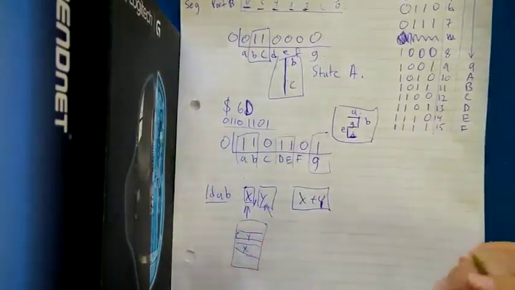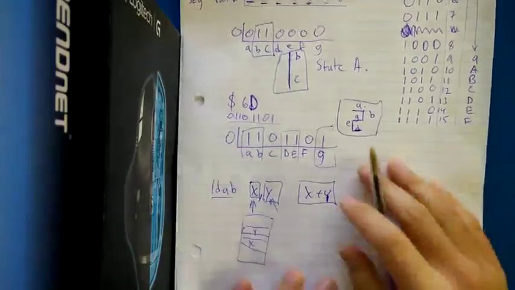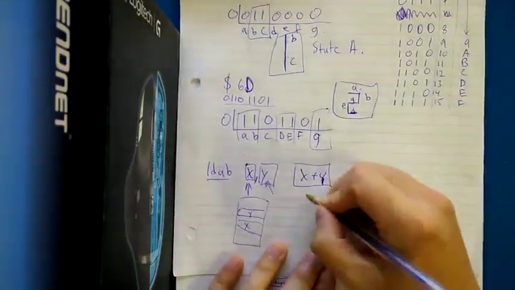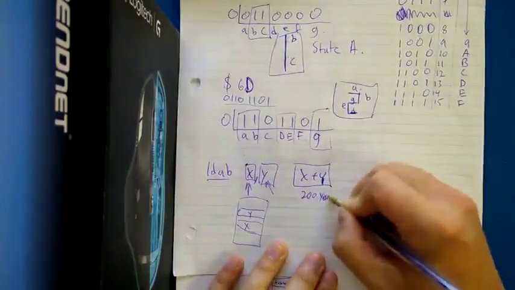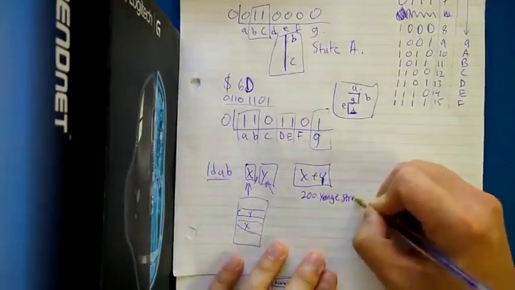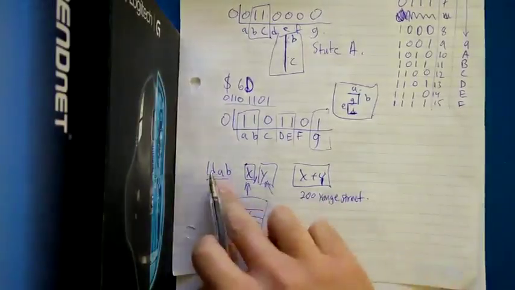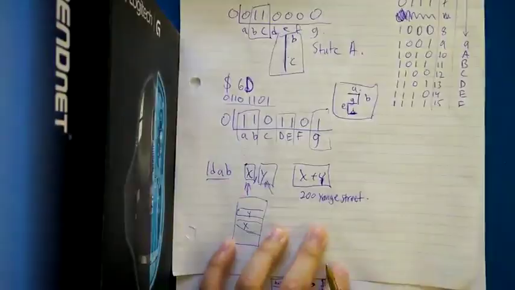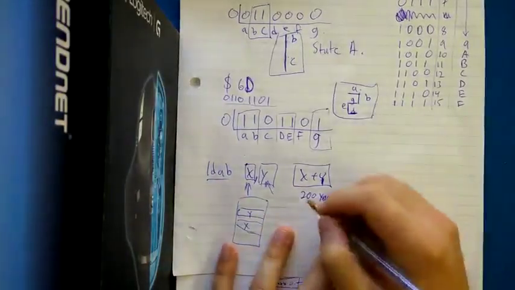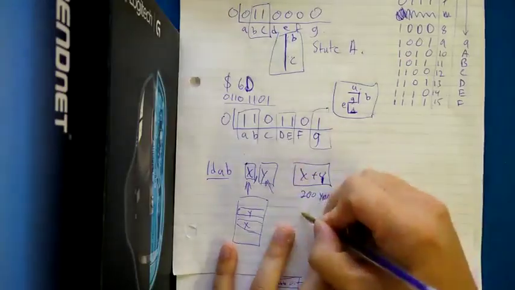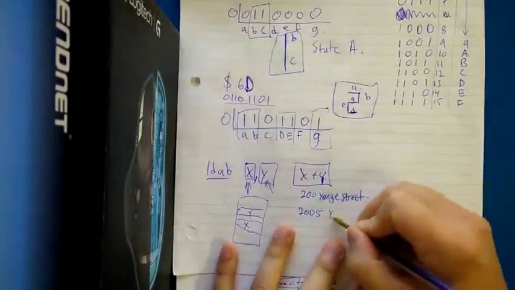Let's go further into another example. Let's say I live at 200 Yonge Street, and let's say that's X. So I say load accumulator B with 200 Yonge Street. Let's say it's a house. Another one is 2005 Yonge Street.